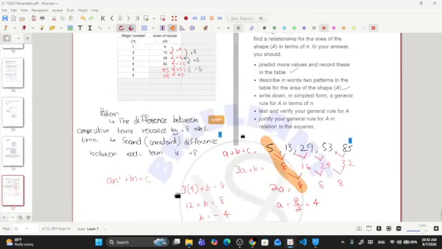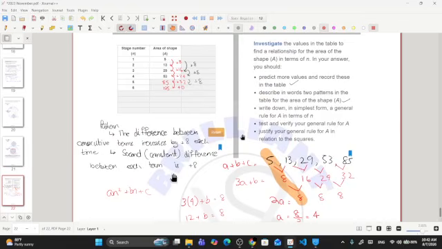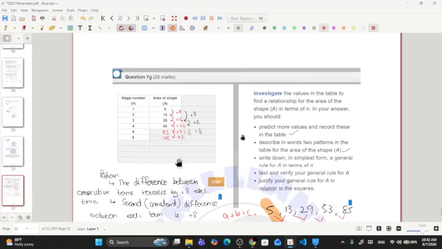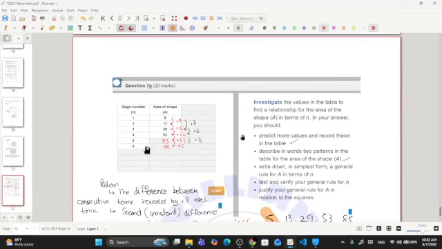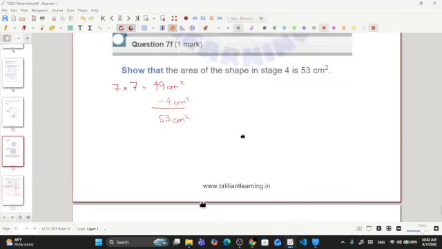The last part says justify a general rule for A in relation to the squares. How to justify it? Look at the stage number and then compare it to the one in the area. In stage number n, the main central grid is basically a square with a side length of 2n minus 1. What do I mean?